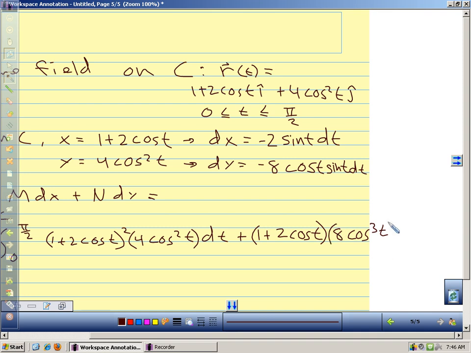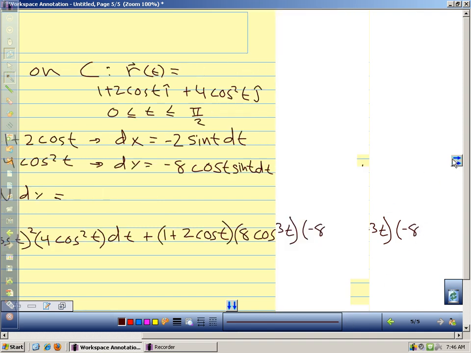I'm just substituting in for x and y here.